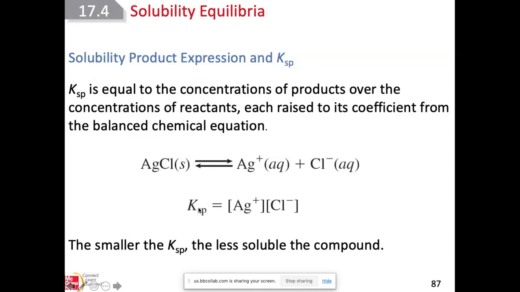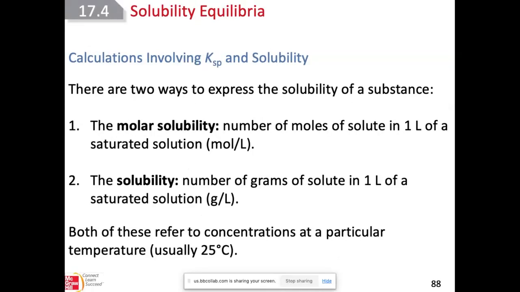So if the KSP is a very small value, that means we do not have a lot of ions coming from that compound, and we will say that the substance has very low solubility.